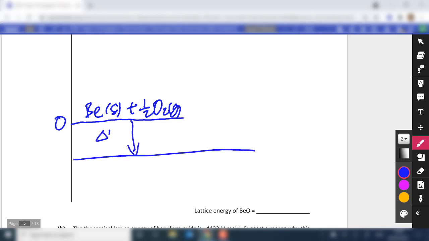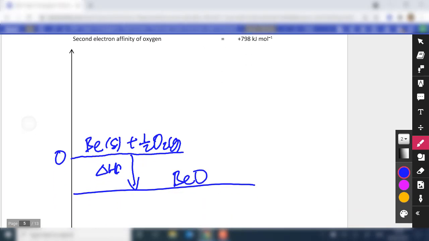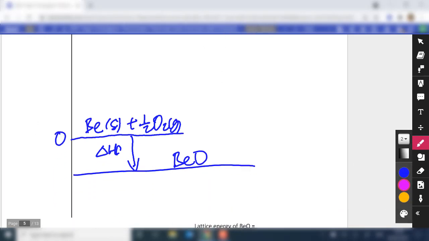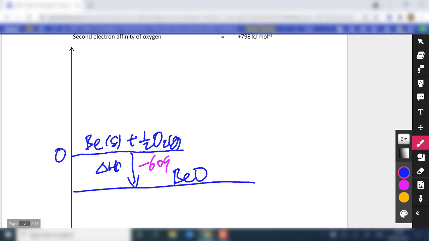So this is BeO. Of course, it's a good habit to copy the values over. So it's negative 609. I'm going to use another color, negative 609. Remember that the first step is to write down the definition for the enthalpy change of formation, and because we are given that it's exothermic, we point the arrow down.